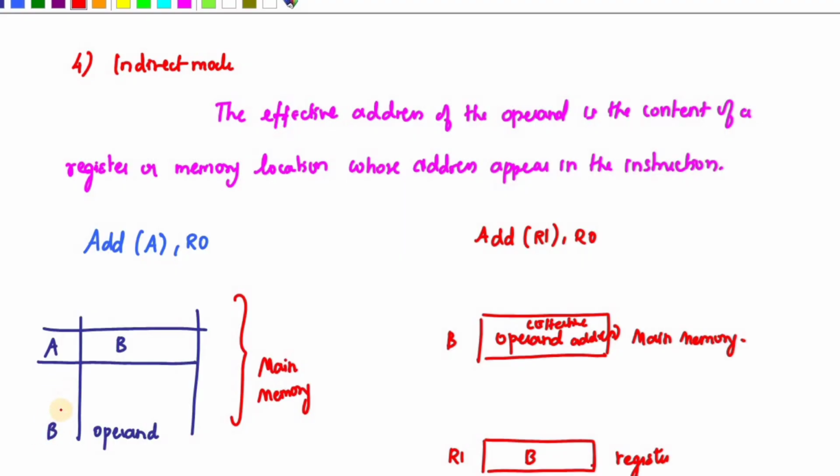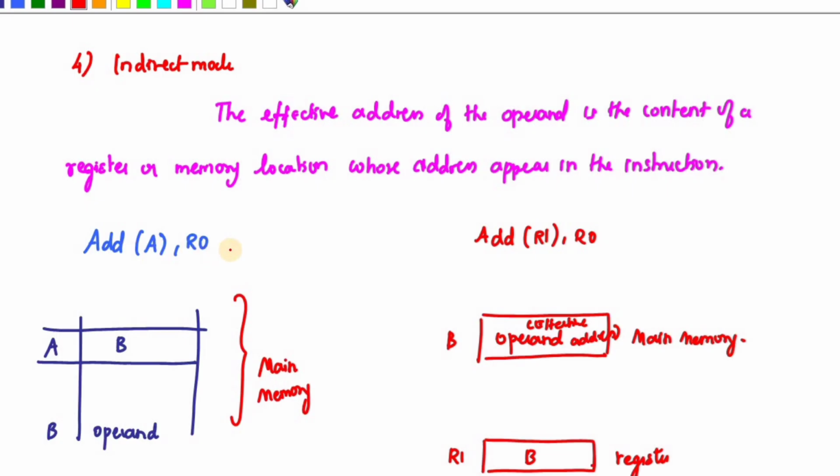So it will go to B and take it as the address in order to obtain the operand. This is the effective address of the operand, the content of the memory location whose address appears in the instruction. This is about the first instruction.